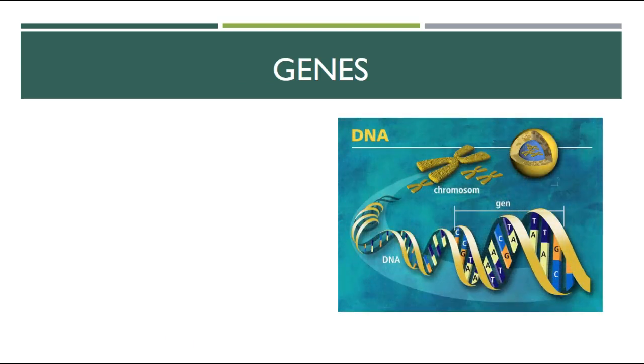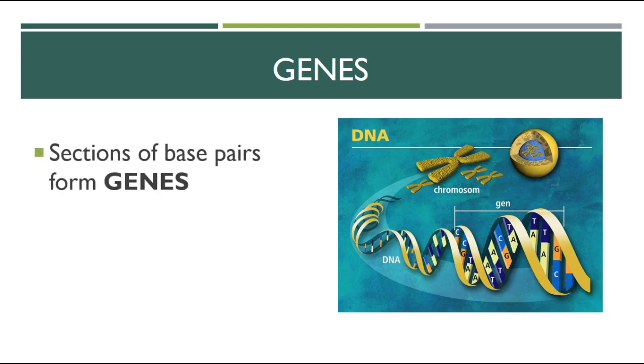Okay, well now this brings us to the topic of genes. And genes are sections of base pairs. So you have a sequence of base pairs within a DNA molecule. Those make up a gene.